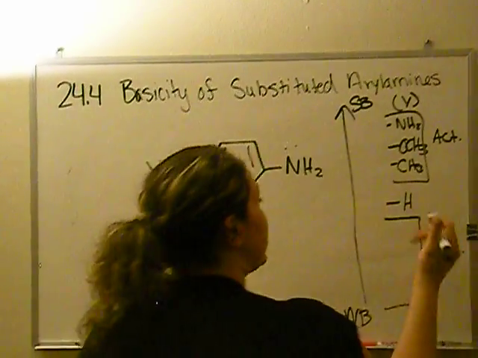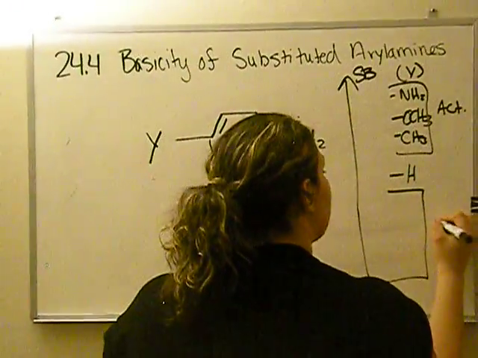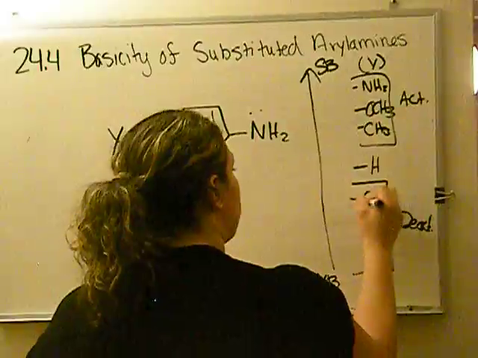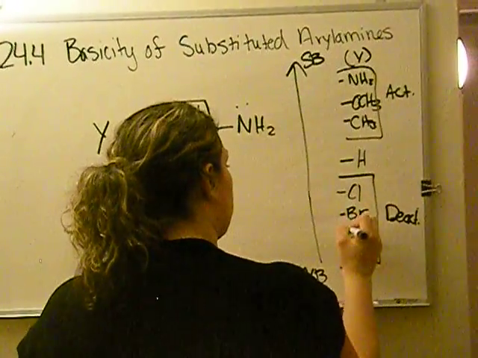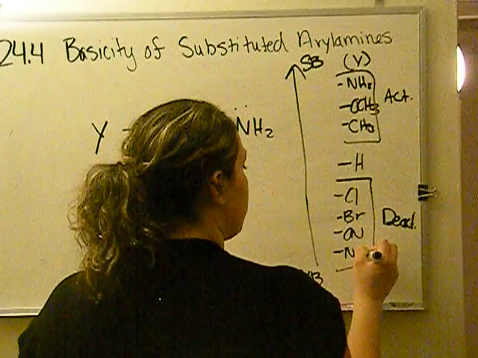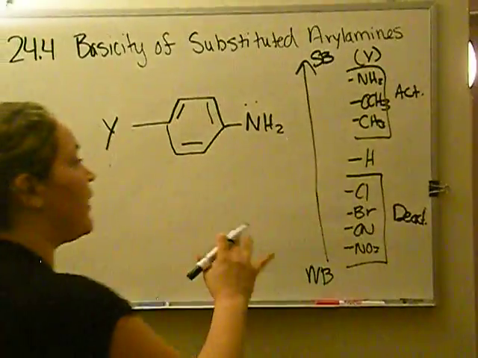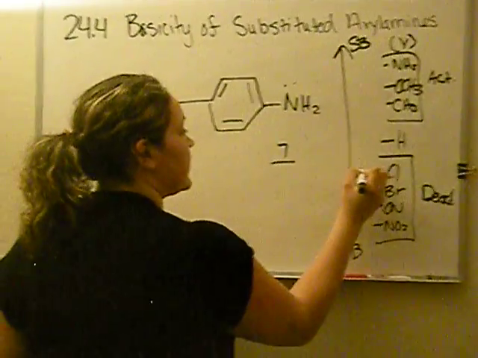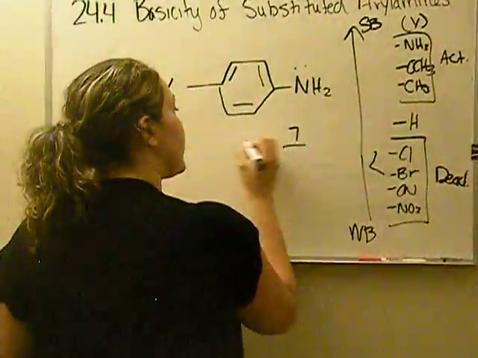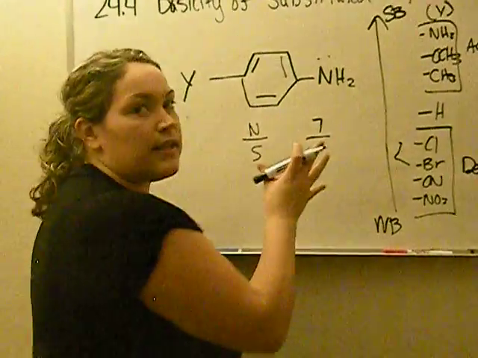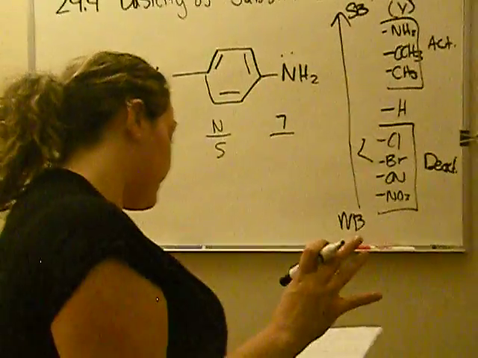It's mid-range. It doesn't really do anything. And then the deactivators are chlorine, bromine, cyanide, and NO2, because these actually take away electrons, because their electronegativity is greater, since the halides are in group 7 and nitrogen's in 5. So it pulls more out of the ring.